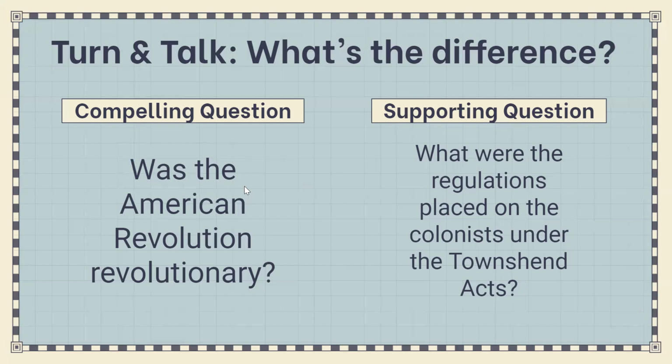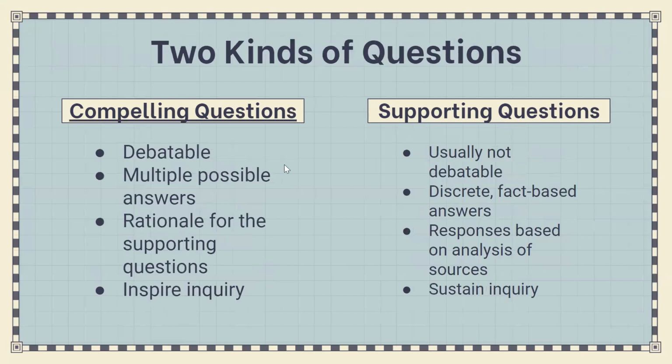This is a question that I'm interested in taking up, as an adult and someone who's taught history for a long time. We think kids will also be interested in this American Revolution that we've always been told changed everything about America. Was it revolutionary? As throughout the unit, students will look at this question and really examine the ways it was revolutionary and the ways it was not. And then they get to make an argument to that at the end.